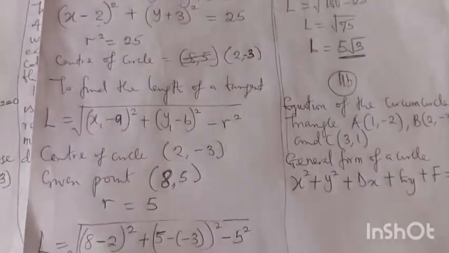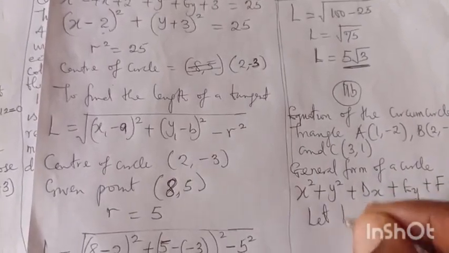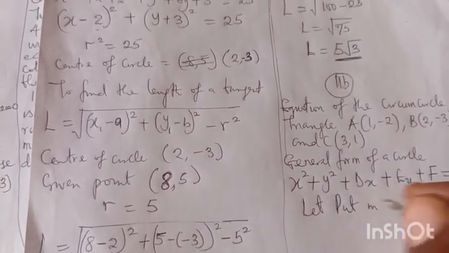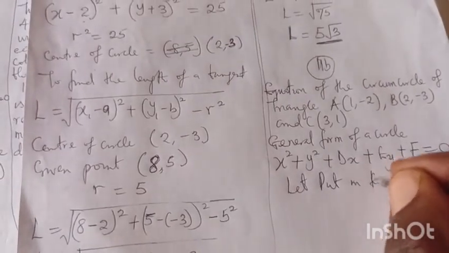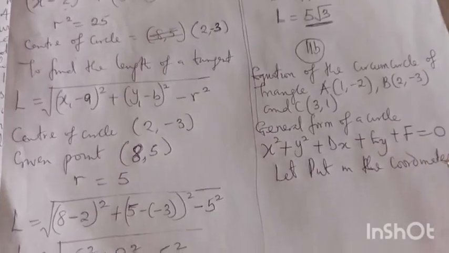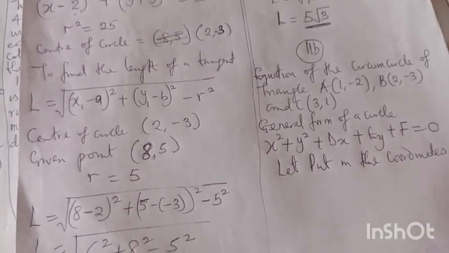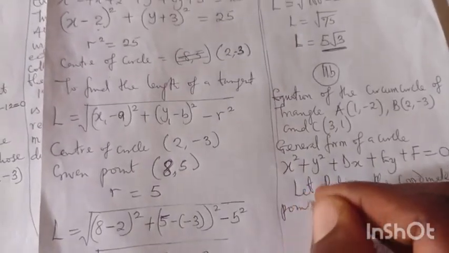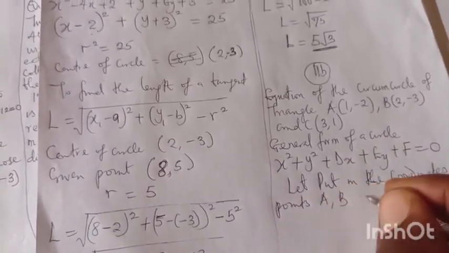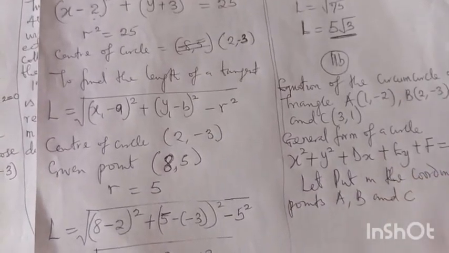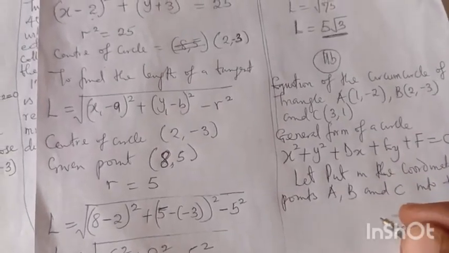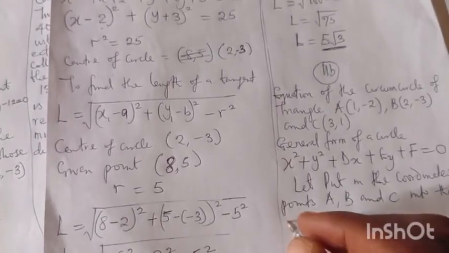Now the next thing we want to do is to put in the coordinates of points A, B, and C. We want to insert them into the general equation to form a system of equations.